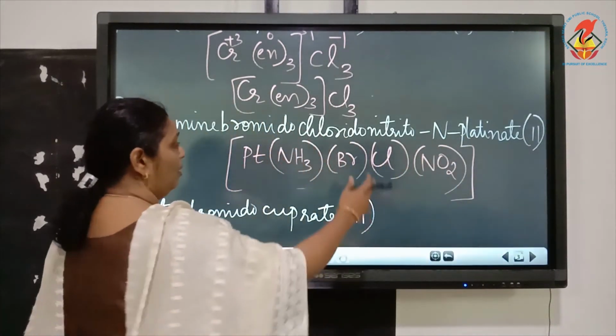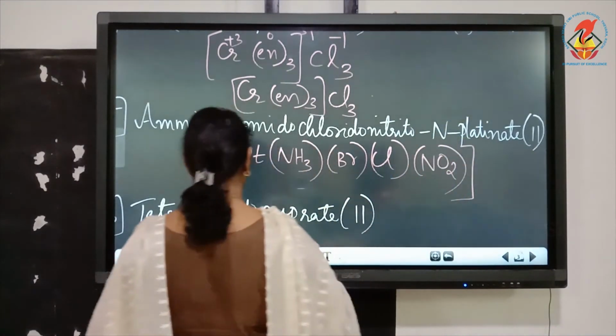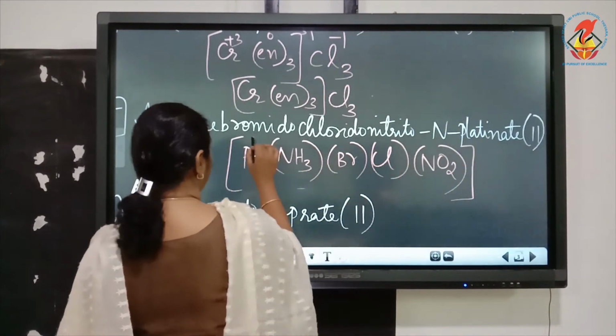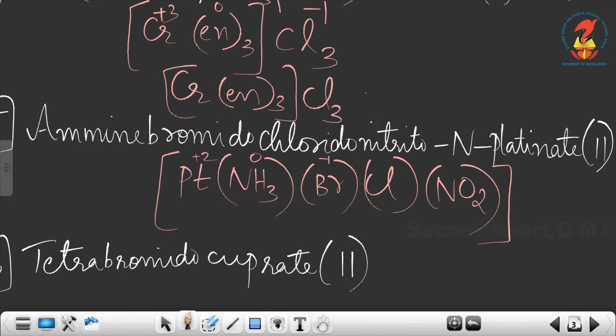For that, find the complex ion charge. How will you find? Platinum is +2, ammonia 0, bromine -1, chlorine -1, nitrite ion is -1. So +2 +0 -1 -1 -1 will be equal to X. X means charge on complex ion. So what is the value of this?